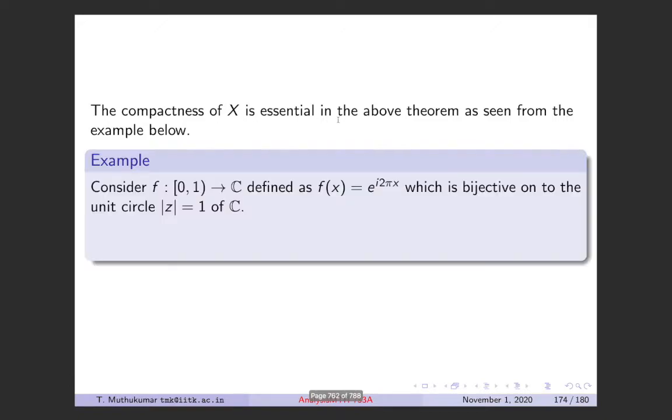As an example, if you take this interval, it is not a compact set, right? It's open at the endpoint 1. So if you take this map f(x) equals e to the power i2πx, this maps the unit interval to the unit circle in the complex plane.